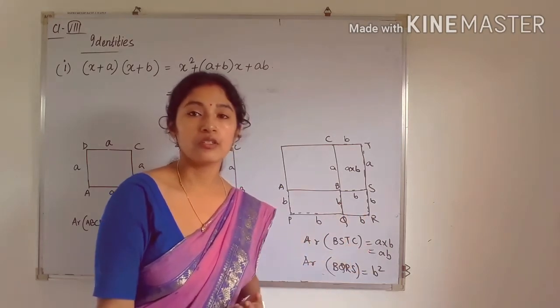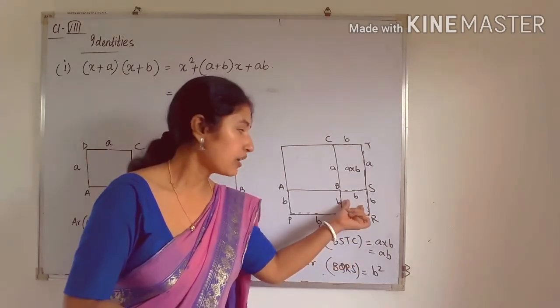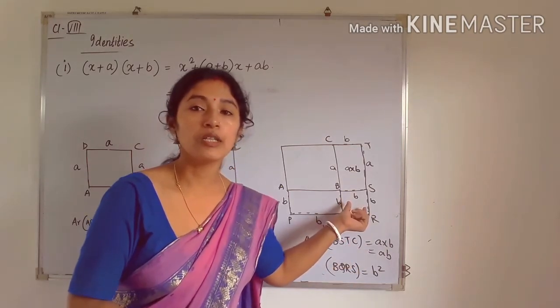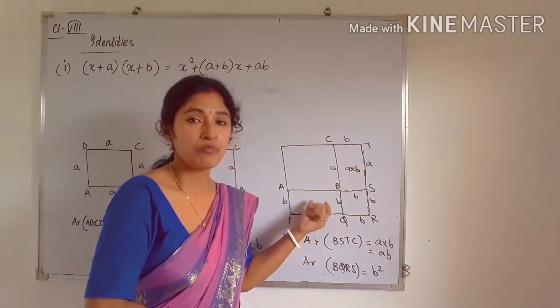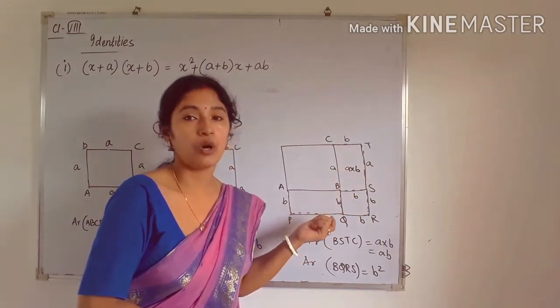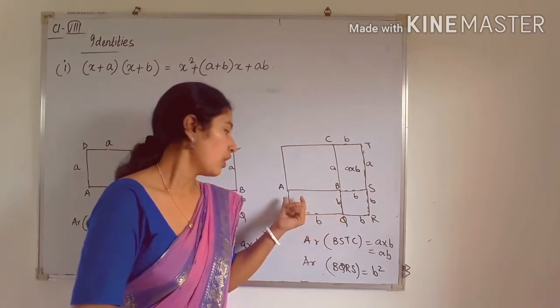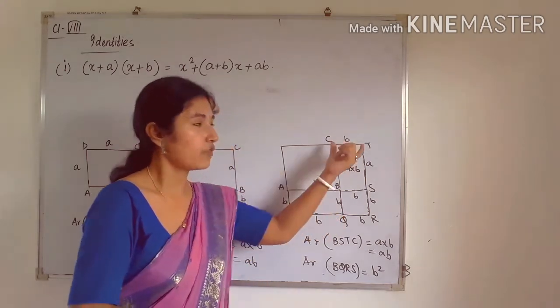But in the previous case you have seen that part became a rectangle, because we had taken different sizes of rectangle on adjacent sides. One was having B length and one was having A length.